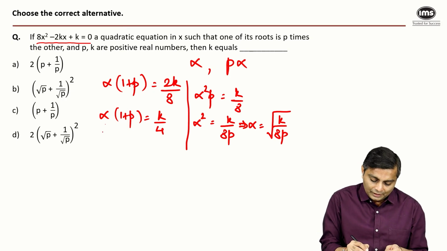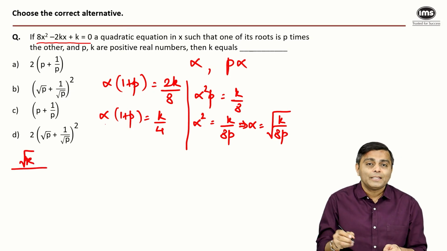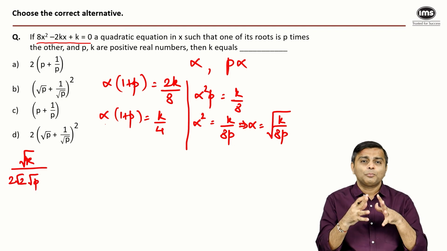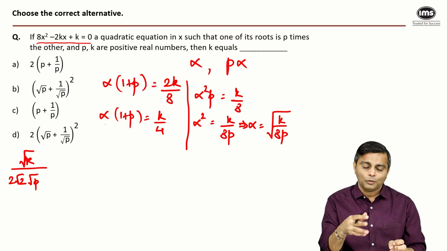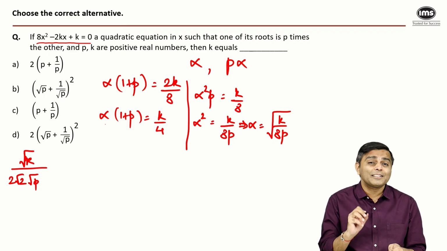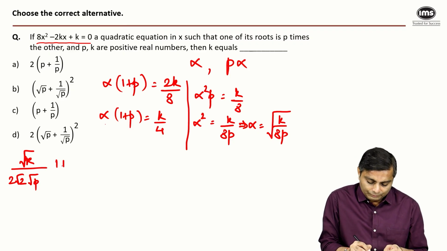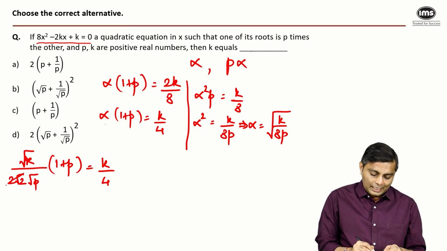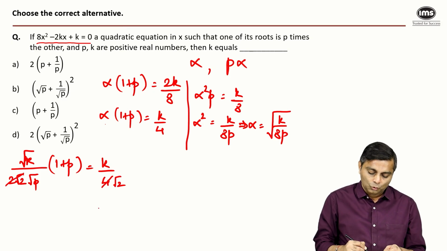Let's bring it to the other side, alpha times (1 plus p). So let's simplify this. Alpha is, I'm just going to split now, root k over root 8p, and root 8p is actually 2 root 2 times root p. I've just given each of them their own root signs. What I've just written is only alpha, times (1 plus p). This is nothing but k by 4. Let's see what we can do with this. 2 root 2 and 4 will cancel, leaving only a root 2 here.